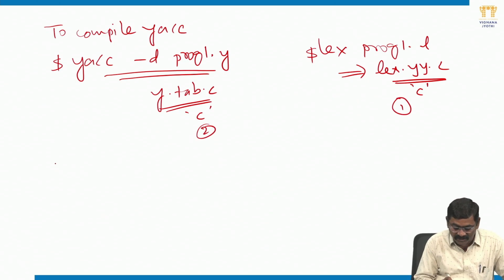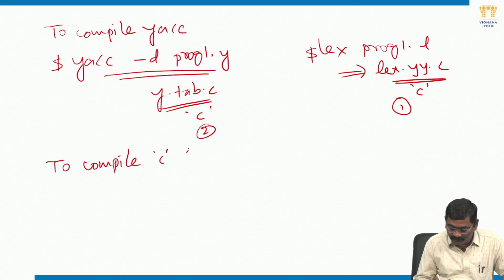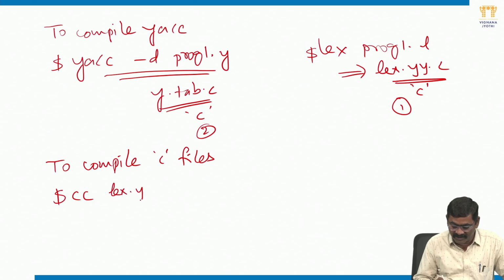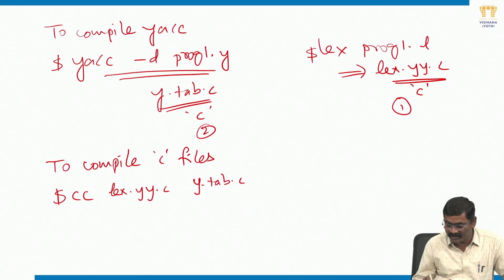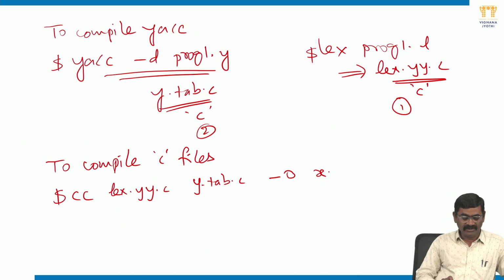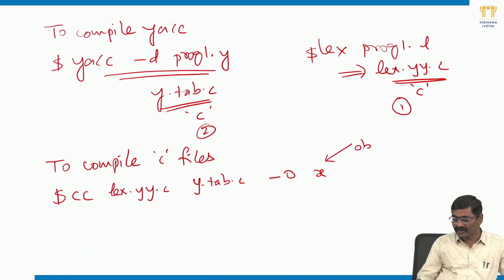So what we should do here is compile the C files. We use the command cc lex.yy.c y.tab.c -o x. Using that we can compile the C files so that we can collect the object code in the file called x.